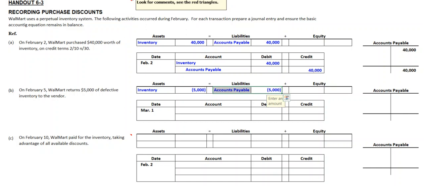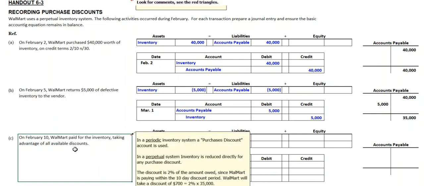In terms of our journal entry, of course, we reduce accounts payable or liabilities with debits, a $5,000 debit to accounts payable. And we have a $40,000 balance from that first transaction. And now we're going to debit it by $5,000, bringing our ending balance for accounts payable to $35,000. The other half of our journal entry would have been the credit to inventory for $5,000. That should be inventory, not cash.